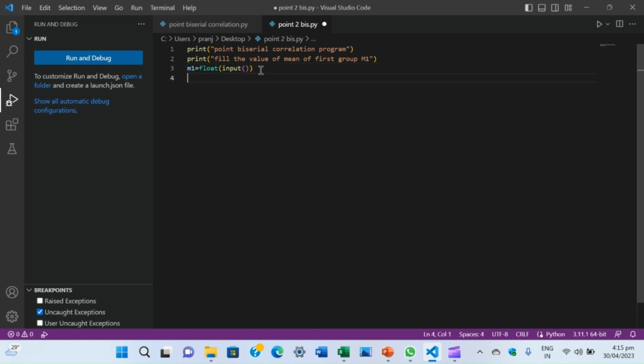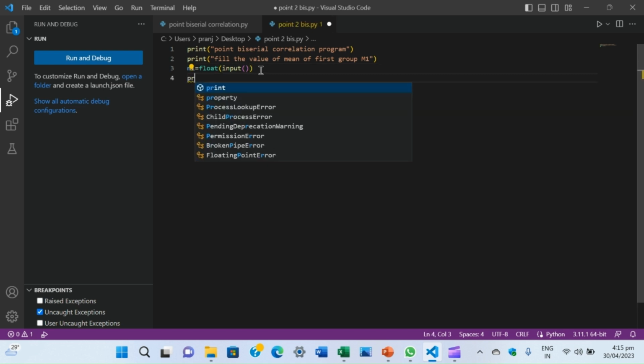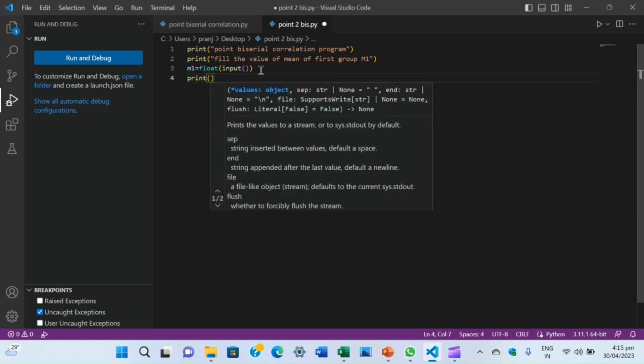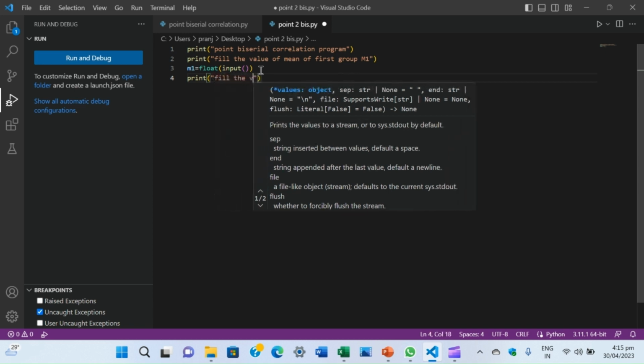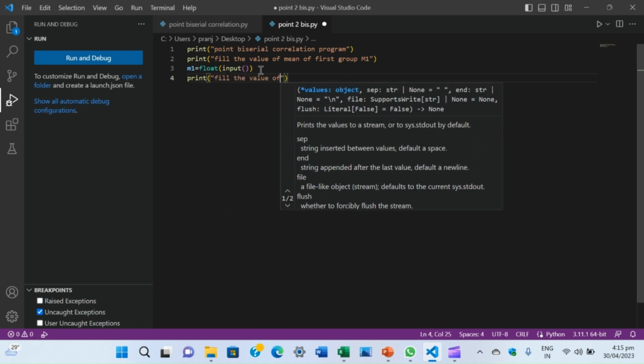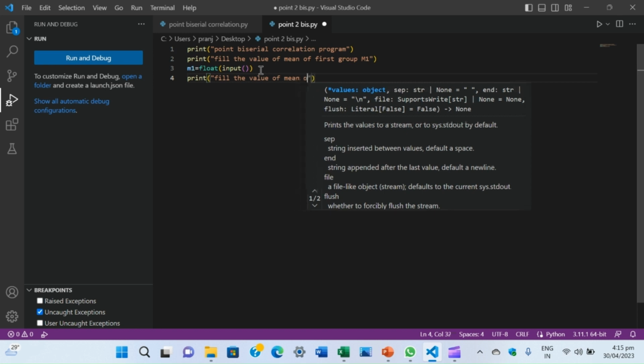After this, in the next line, similarly we write print, fill the value of mean of the second group.